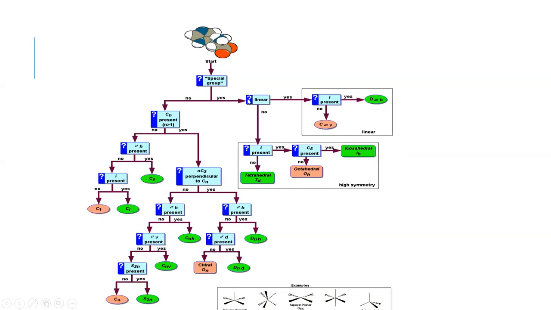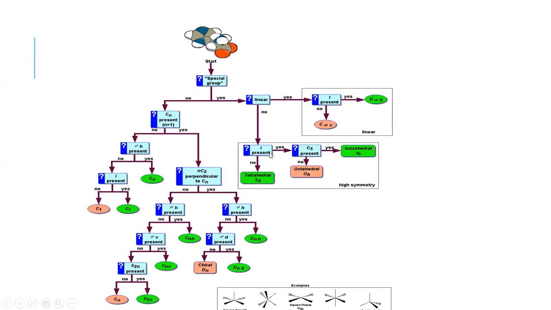If a molecule is not linear, then the other question we have to ask is whether the center of inversion is present for the molecule. If there is no center of inversion and there are 4 C3 axes, then the point group of the molecule is tetrahedral.